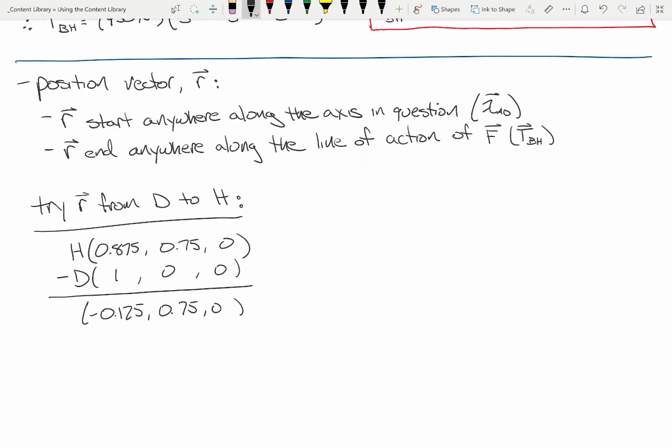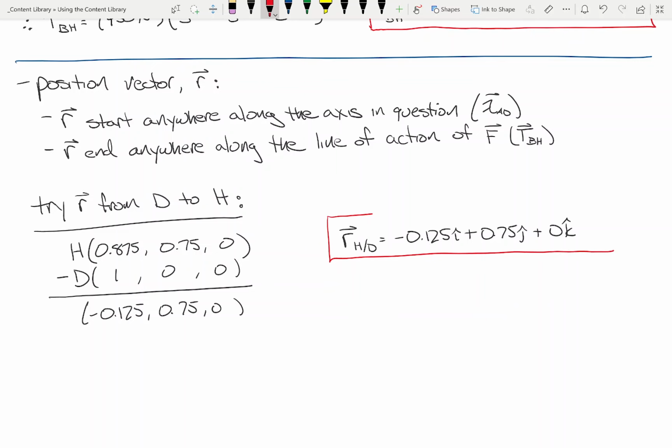I propose that we could use R as this. By the way, what are the units of that going to be? Meters. So this is an option.